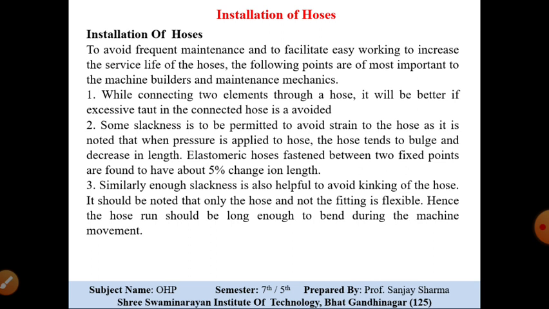If enough slackness is there, once again I will repeat, friends, the word slackness means the looseness of the hose pipe, and it is helpful to avoid kinking of the hose. Sometimes during tightening some unnecessary twist is generated, and in that case this slackness is helpful.